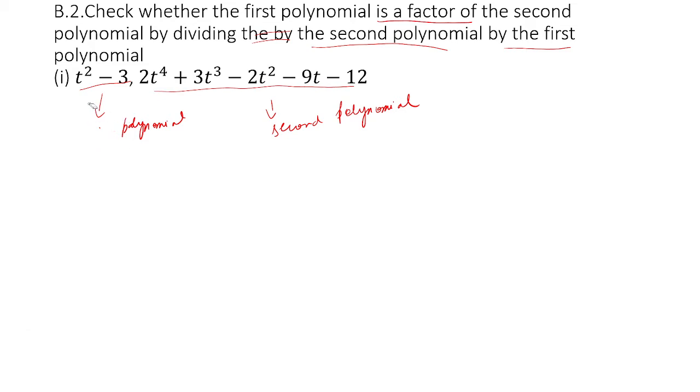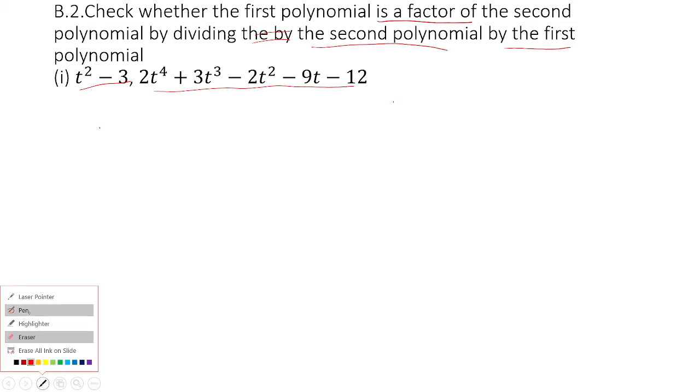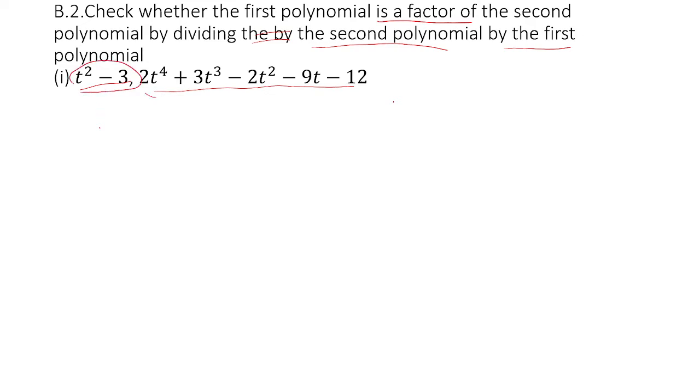So we have to check if the first polynomial is a factor. That means when you divide, your remainder should be 0. If it's 0, then we can say that the first polynomial is a factor of the second polynomial. If we do not get remainder 0, then the first polynomial is not a factor.